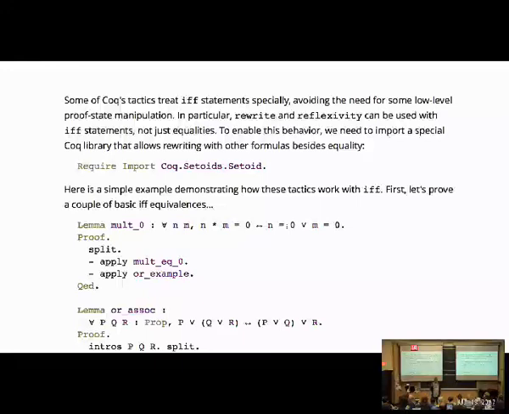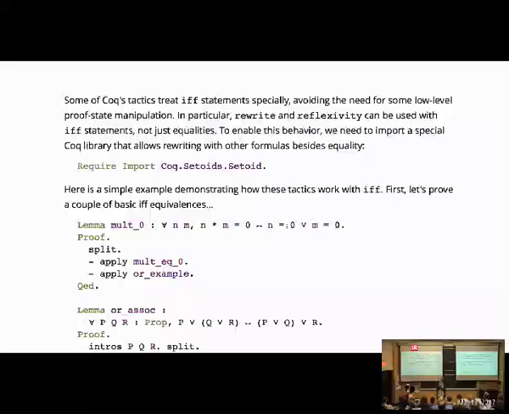if and only if proposition is quite a bit like an equality, in the sense that, suppose you have an equality hypothesis, n equals m, and then you have some long formula involving n and m. You can rewrite that formula replacing n by m or vice versa.